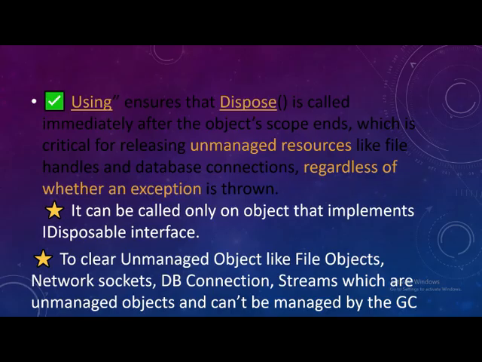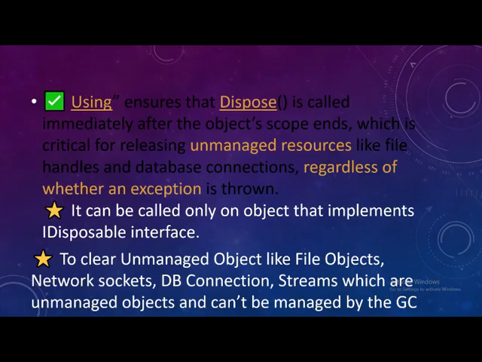If you don't release it immediately, or explicitly by calling the Dispose method, then because these are unmanaged objects, they will not be taken care of by the garbage collector, and then you will have a memory leak, and eventually your application will crash.